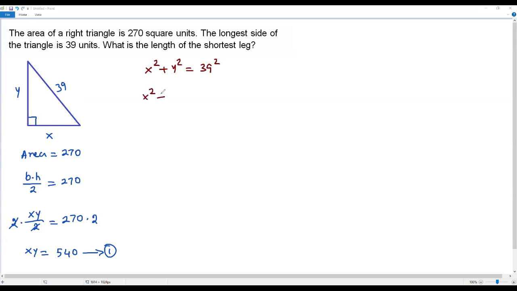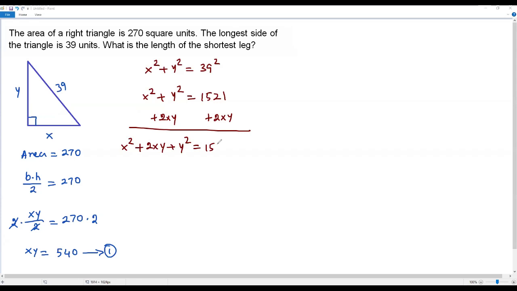Then I'm getting x squared plus y squared equals, when I square 39, 1521. Now I'm adding 2xy to both sides of this equation, and I'll tell you the reason a little later. So when I add 2xy to both sides, we get on the left side x squared plus 2xy plus y squared equals 1521 plus 2xy.